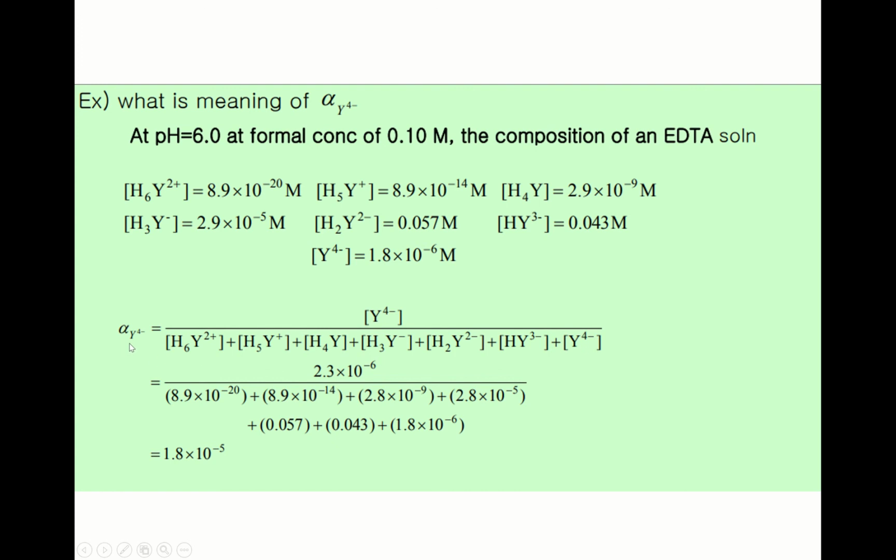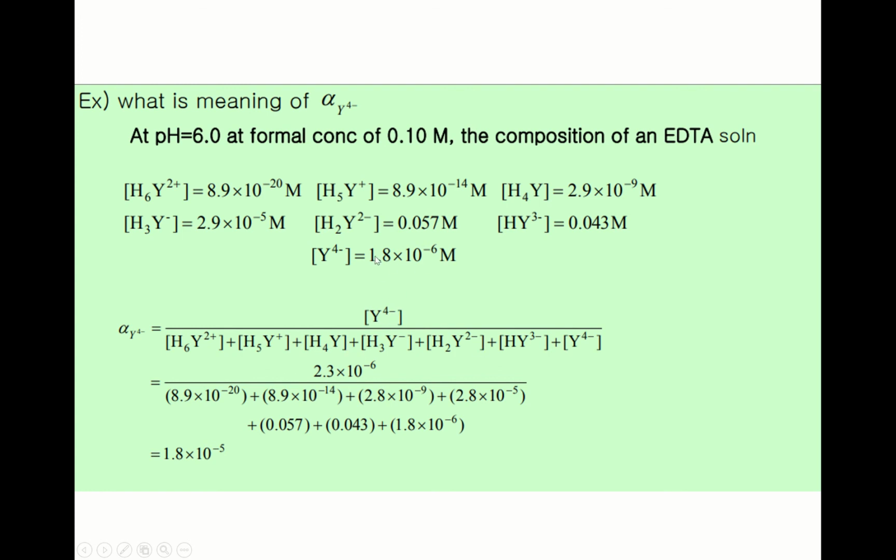So for alpha Y4 minus, the denominator is 0.1 molar, since the formal concentration was already given, and the numerator is this one.